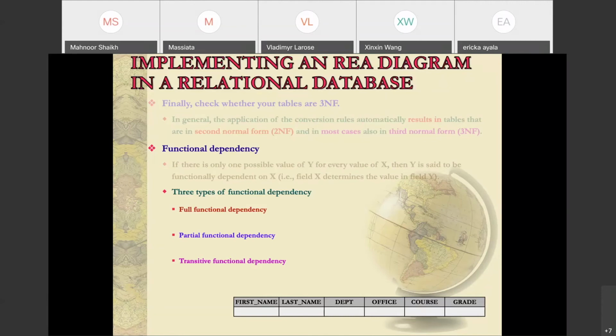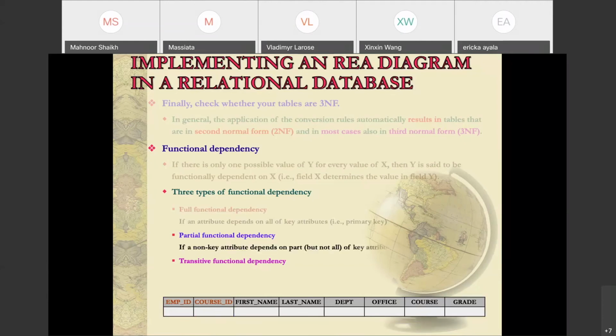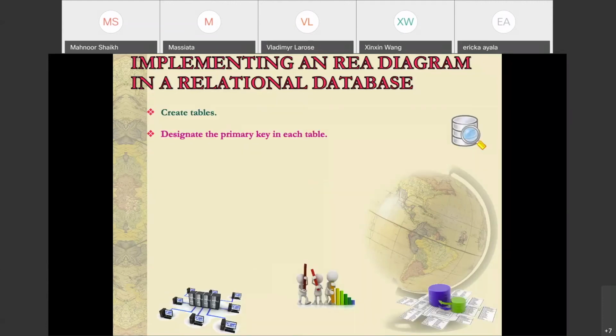Second normal form is eliminate all the partial functional dependency, and the third normal form is eliminate all the transitive functional dependency, right? The example I already talked to you guys about during the class before the break.